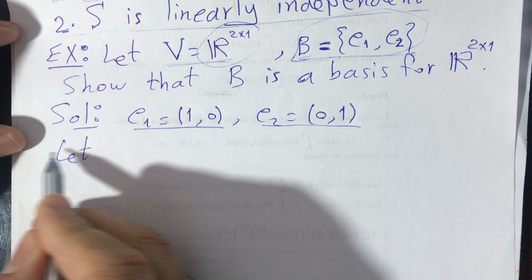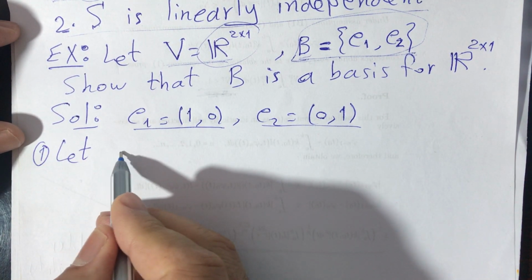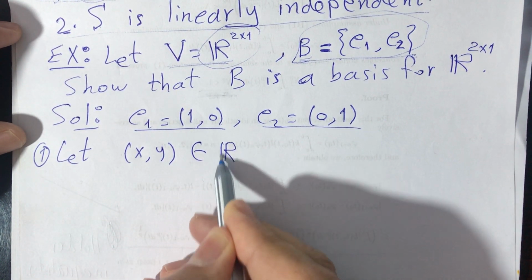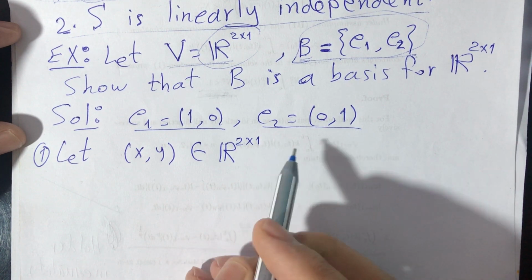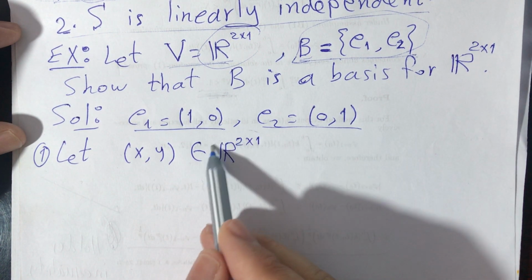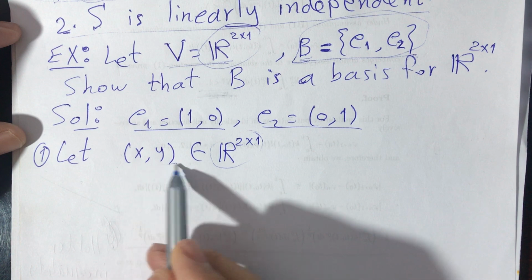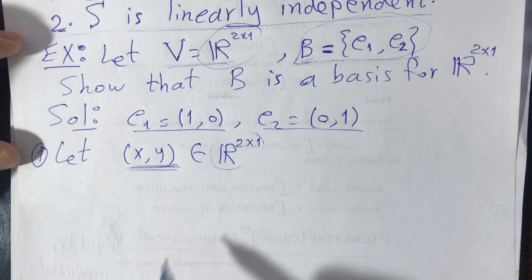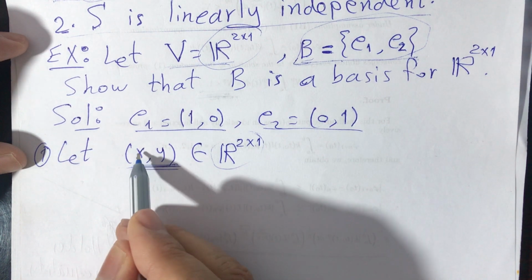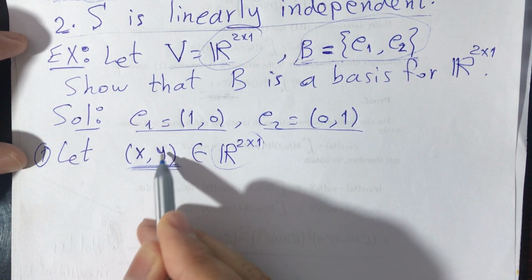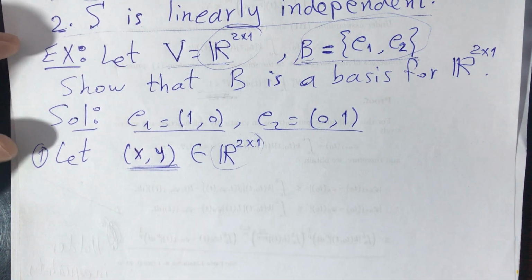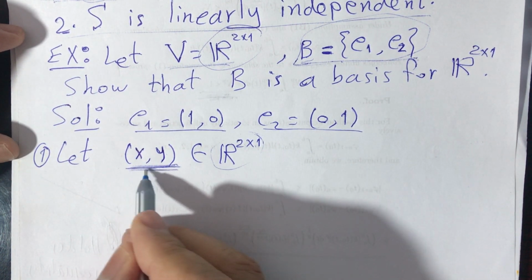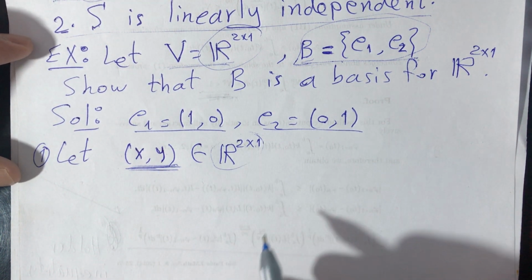This is the first condition. Let x, y belong to R2 times 1. All points in R2 times 1 look like this: x, y, ordered pairs.